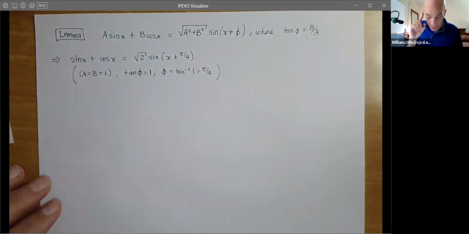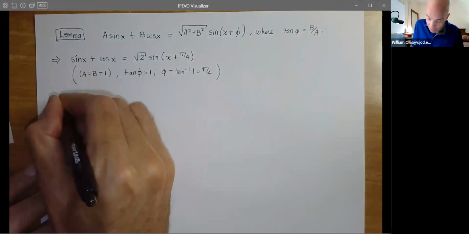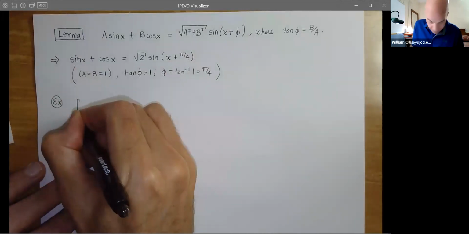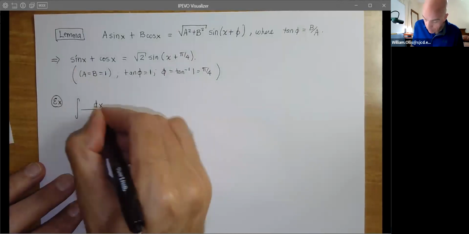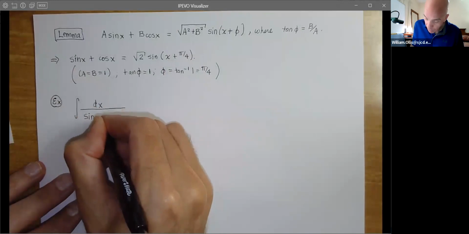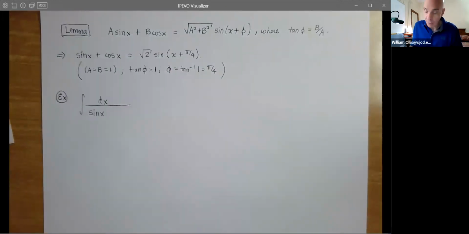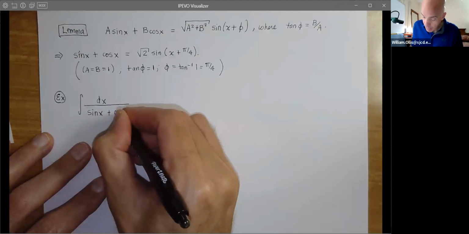So now if we see the integral like this, we have a way out. So maybe we are confronted with this integral. With integration, you just assemble a bag of tricks, so to speak, a bag of techniques.